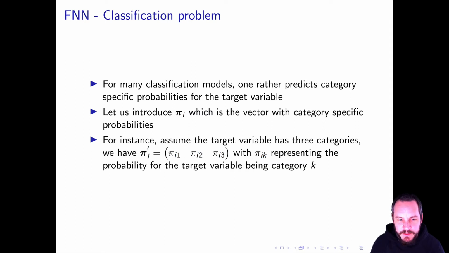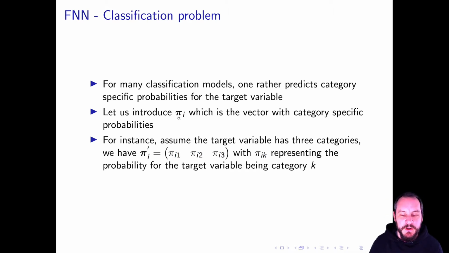If this number corresponds to the probability that we believe the ith observation is category 1, then this value here tells us the probability that the observation belongs to category 2, and this value here tells us the probability which we believe that this certain observation belongs to category 3, right?